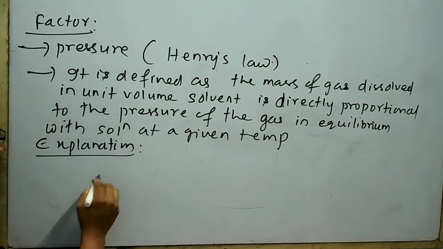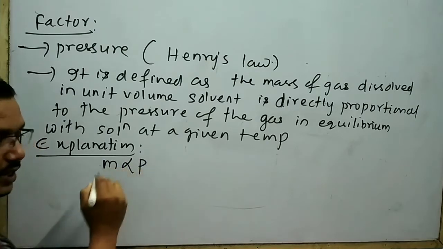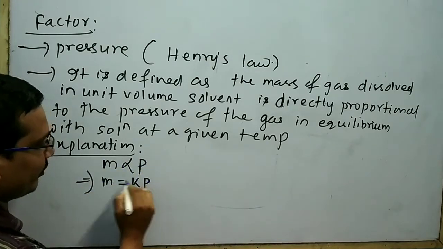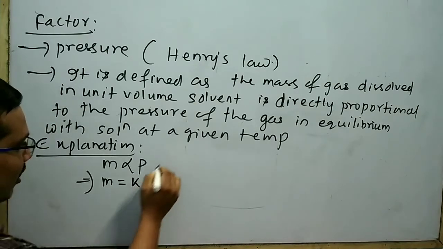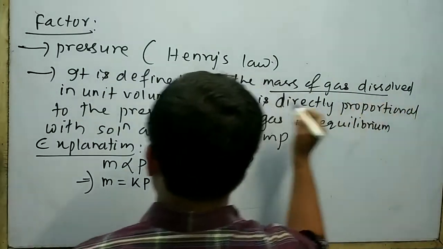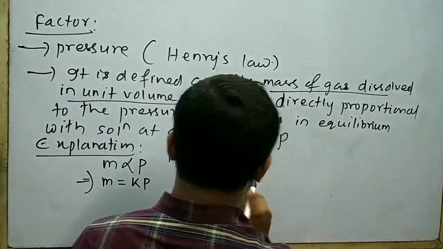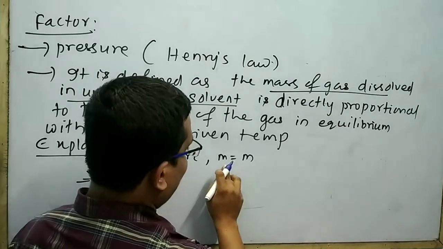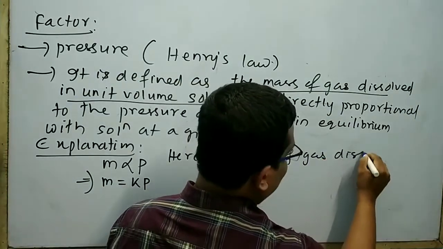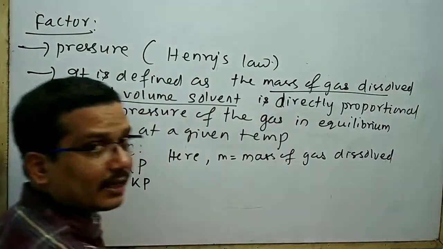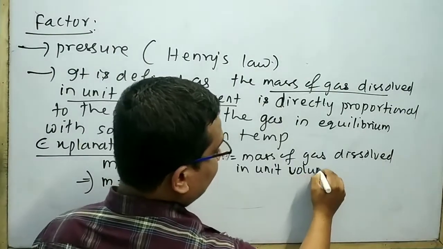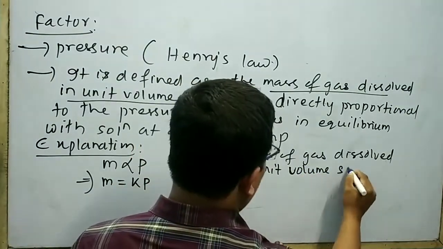According to this law, M is proportional to P, which implies that I can write M is equal to K into P. Here M is the mass of the gas dissolved in unit volume of solvent.